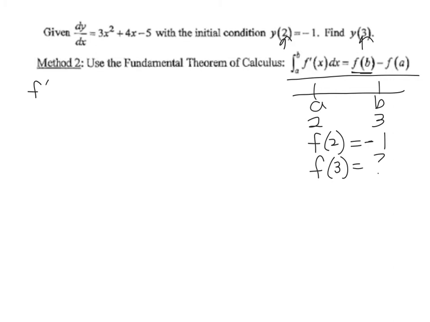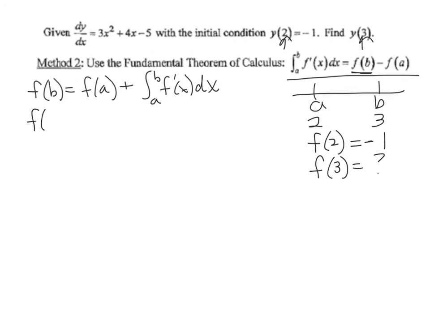So I'm going to have f of b is equal to f of a plus the integral from a to b of f prime of x dx. And then we want to fill this in.